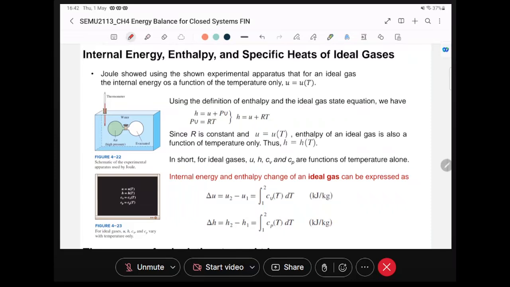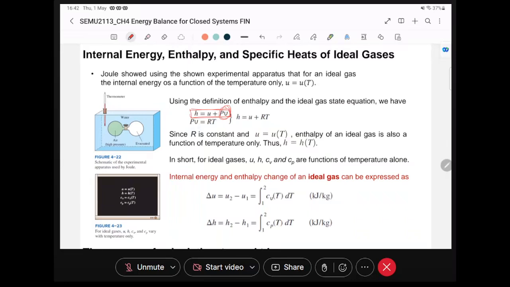And for ideal gas, someone has proven that. In fact, just now we have seen the example. The enthalpy is basically the internal energy plus the boundary work, P multiplied with V, pressure multiplied with volume.